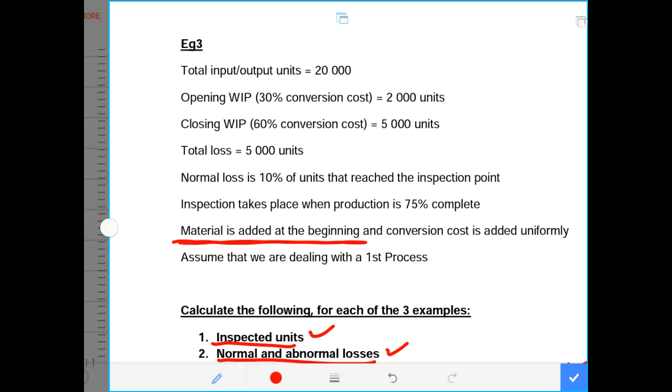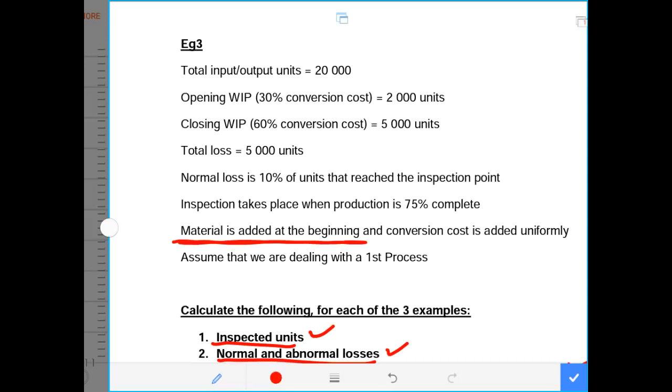However, all other overheads will be incurred as you produce, even if the table is not complete, but all the material in terms of the planks will be there 100% by the beginning of the process of production.